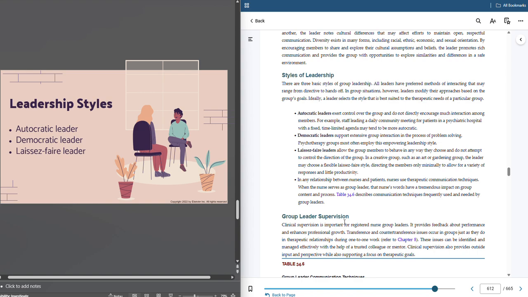There are three basic styles of group leadership. The first one is autocratic, and these people exert control over the group and they do not encourage much interaction from the members. The democratic leader supports extensive group interaction in the process of problem solving. And then the laissez-faire leader allows group members to behave in any way they choose, and they do not attempt to control the direction of the group.